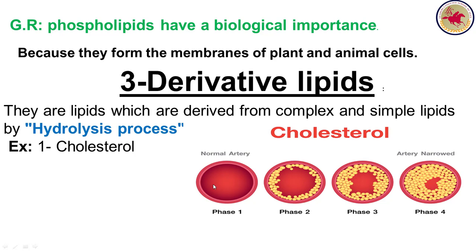Cholesterol has, as you see here, this is a normal artery. By eating a lot of fat, the fats will precipitate at the internal wall of the artery. Then the thickness of this precipitation will increase by increasing eating of lipids, and as you see here, finally the artery will be narrowed.